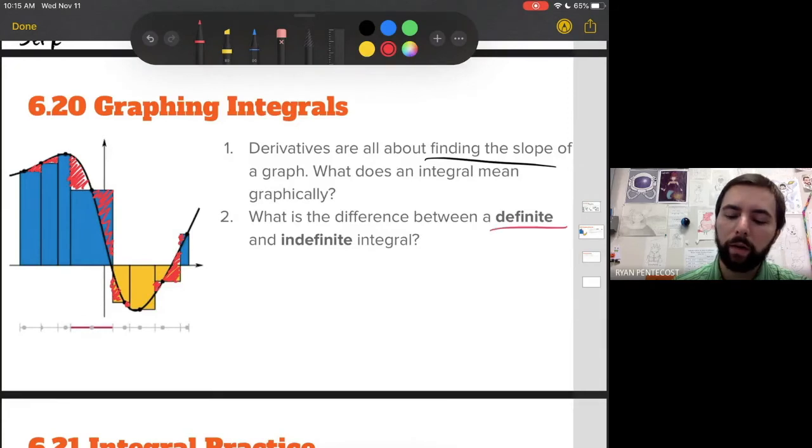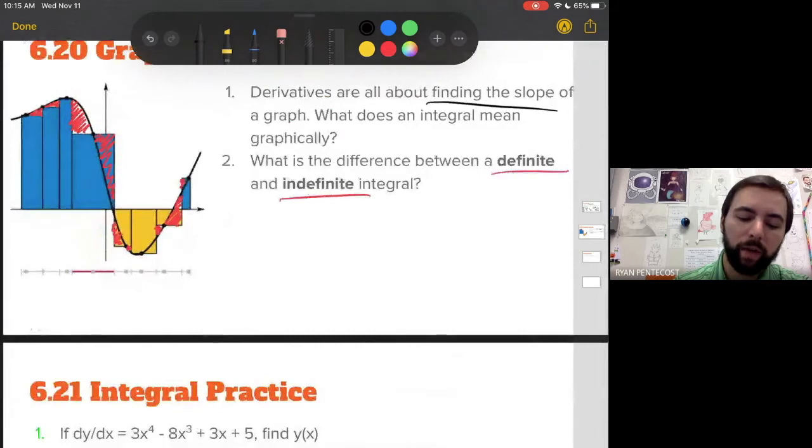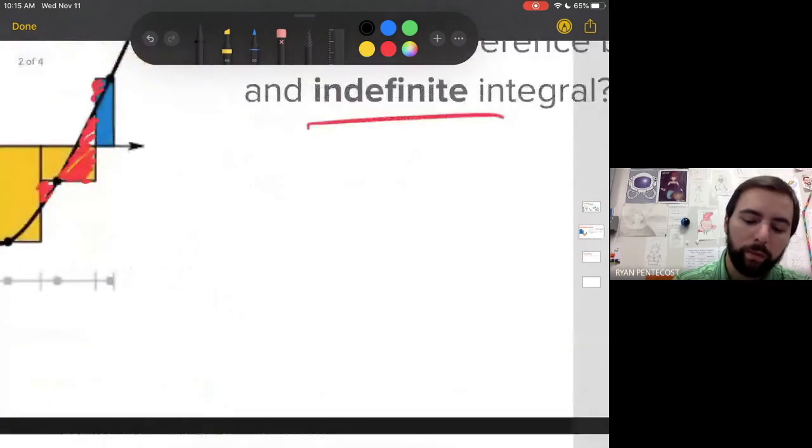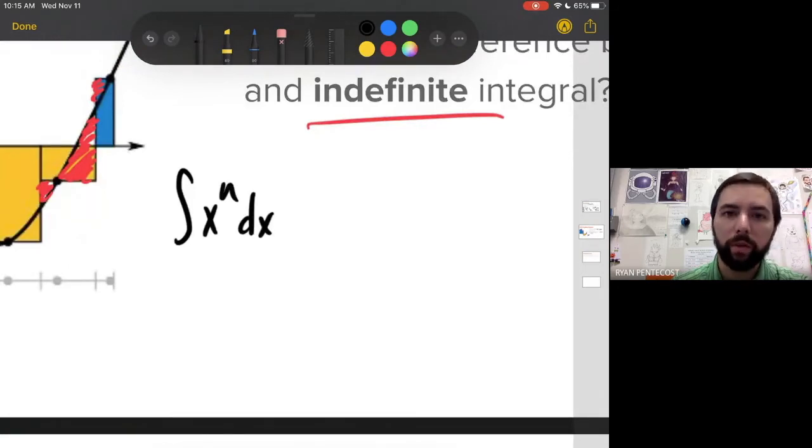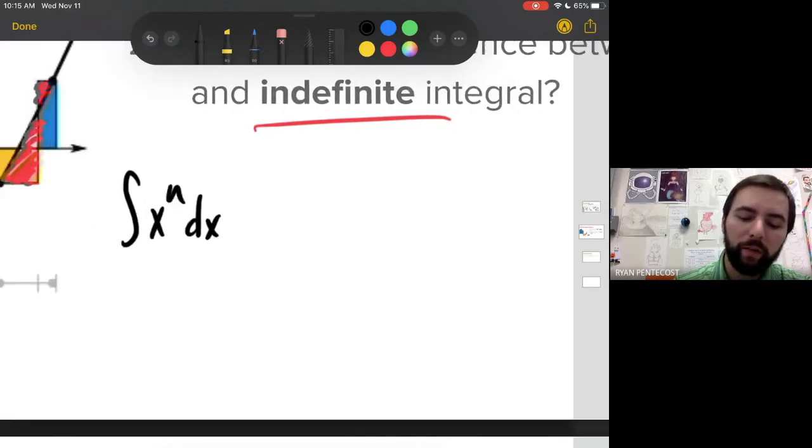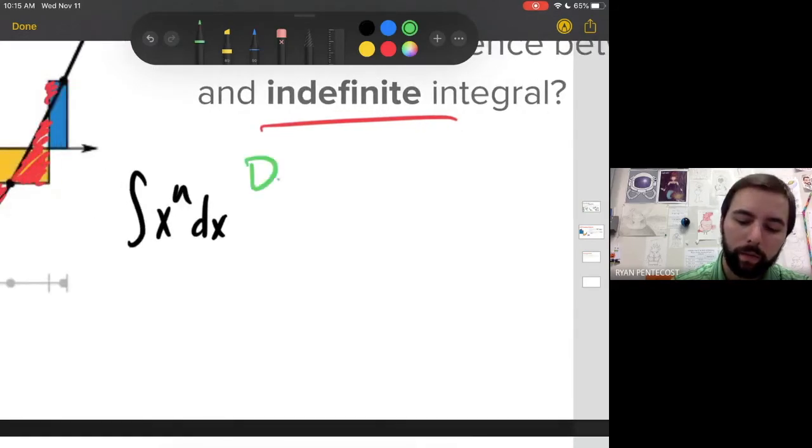Now we want to talk about a definite and indefinite integral. We already talked about indefinite, right? Indefinite is when you have the integral of x to the n dx with absolutely no bounds, right? Well, a definite integral means that you put some bounds on that.